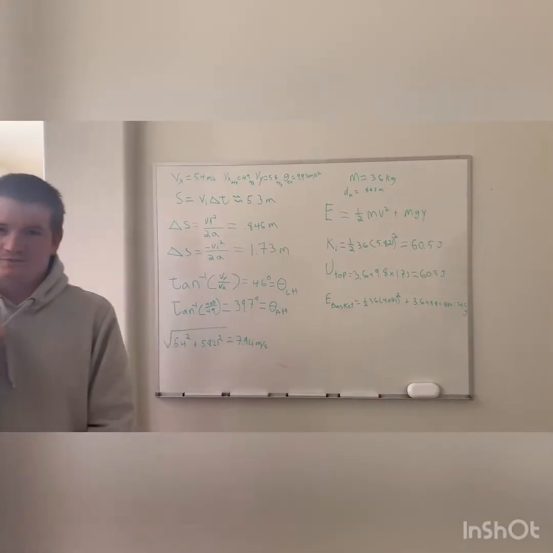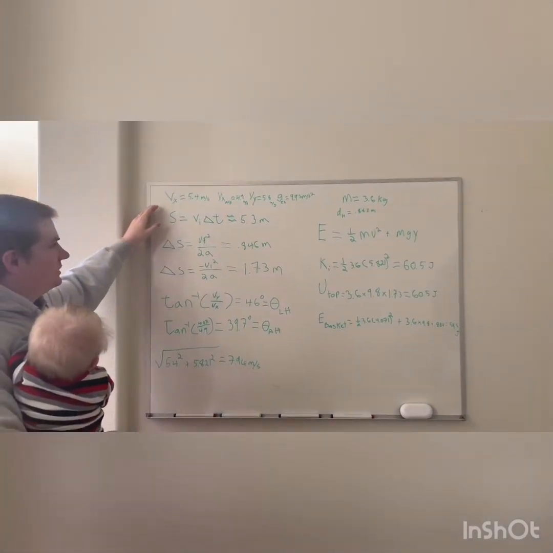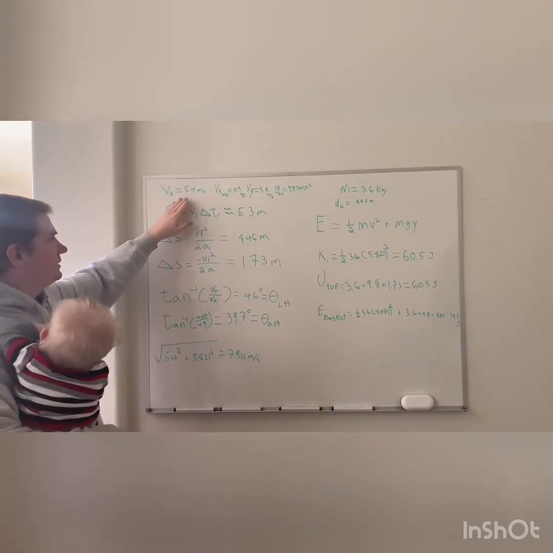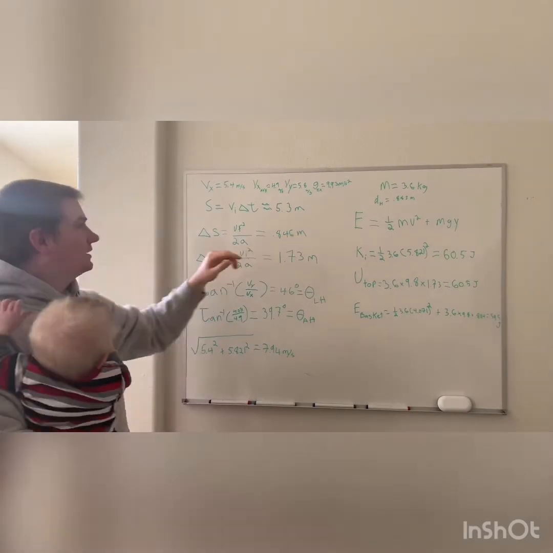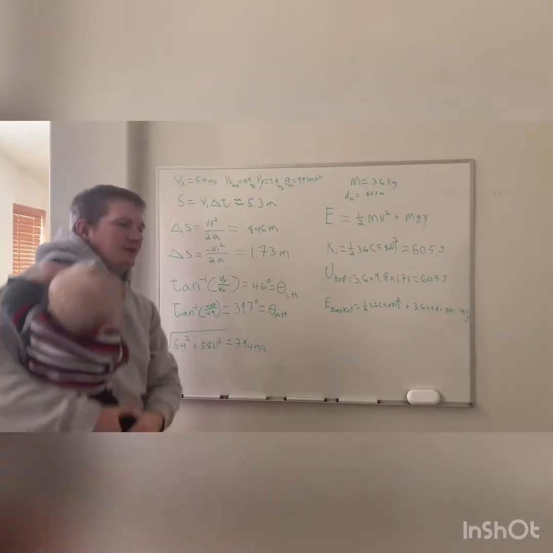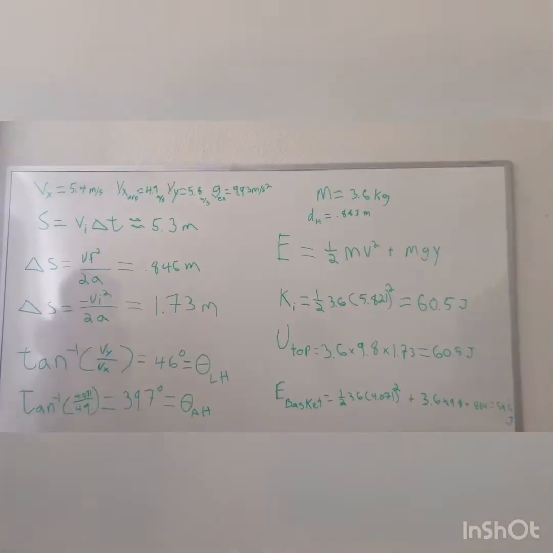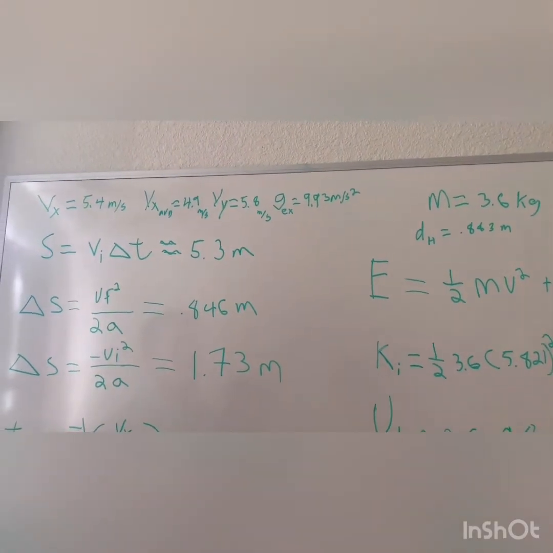So first, as you'll see here in Logger Pro, the speed in the X direction towards the basket is 5.4 meters per second. It actually slowed down a little bit to about 4.9 towards the end, having about a 20% energy loss that way.